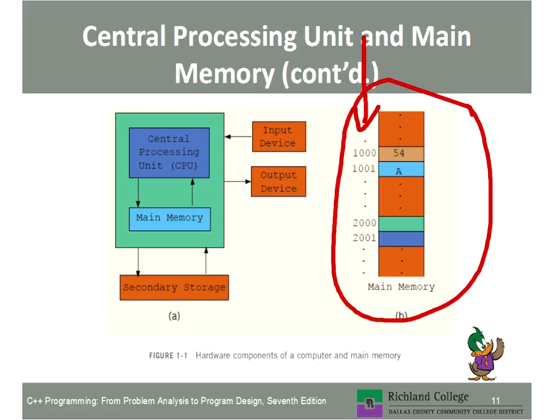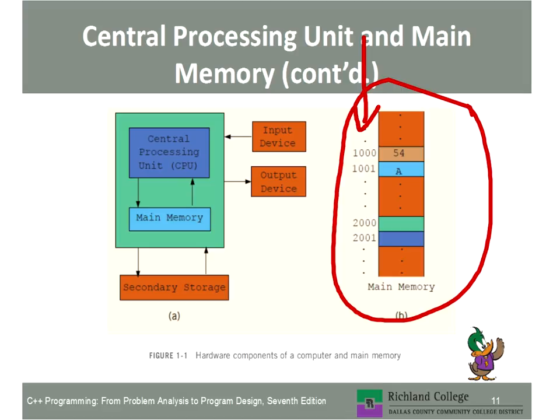When we talk about variables later on, you need to understand that memory is addressed, and at that particular location there is a storage area where we can temporarily store information. Let's say we have address 1000, and the memory contains 54.